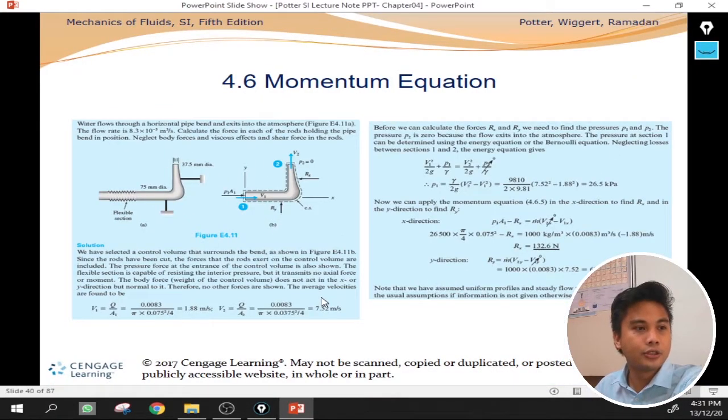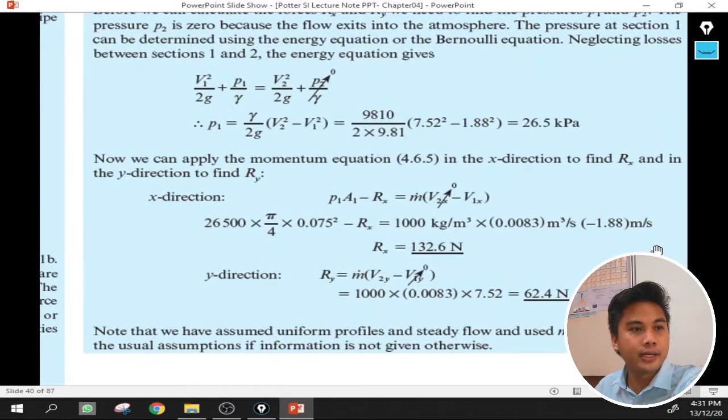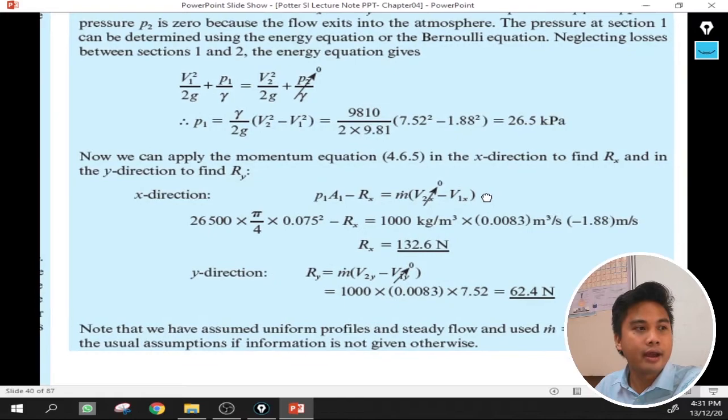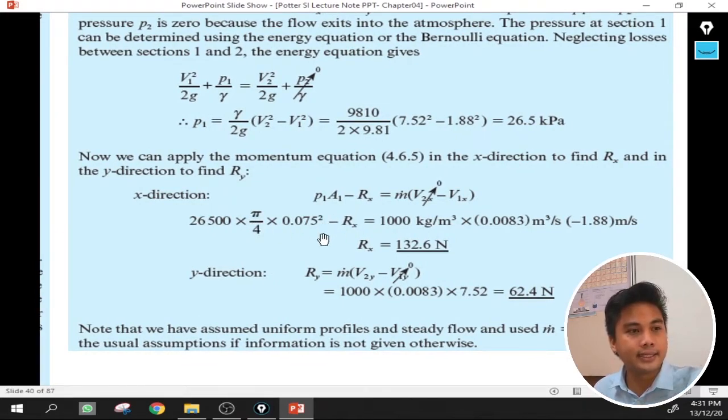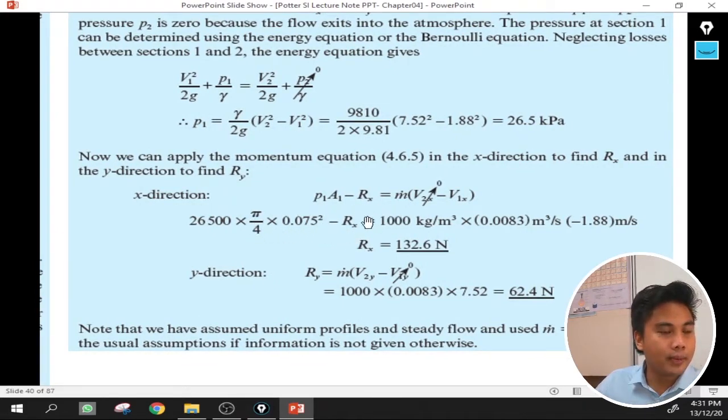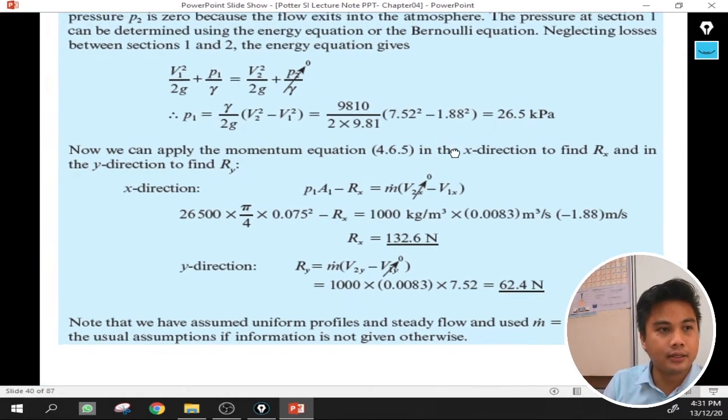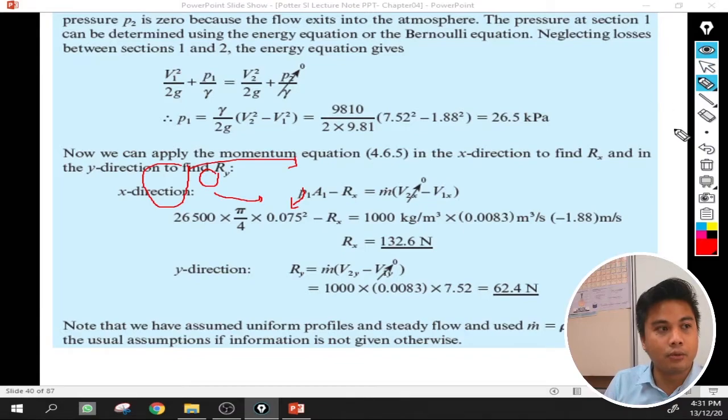After you have calculated the pressure, you need to apply the momentum equation in the X and Y directions. Remember that we previously have the momentum equation.